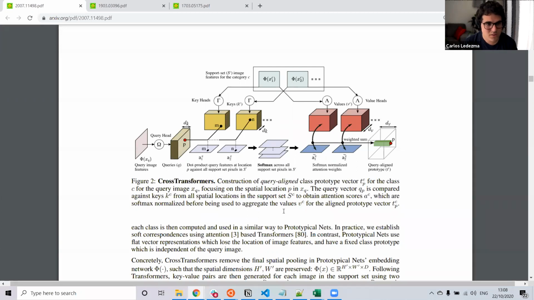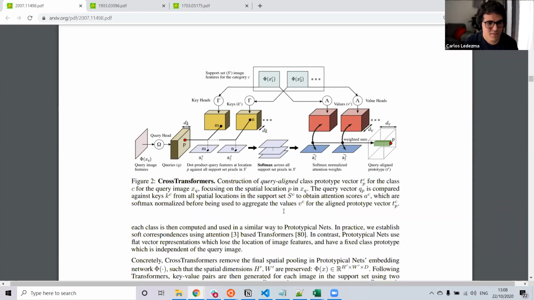So see this gamma, it's working on the support set for the whole class. And then you're combining them somehow within your transformer architecture. So I guess you're learning the weights for the whole class at the same time. Okay. Yeah.